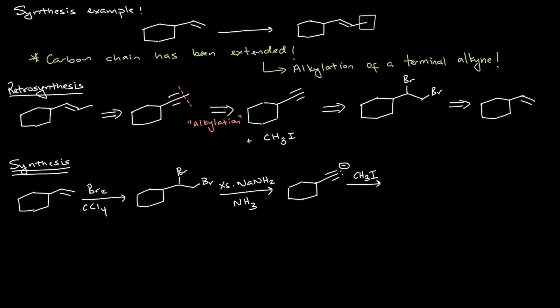If you react your alkynide ion with your methyl iodide, you can then form your internal alkyne that's elongated by one carbon. So now we're really close to our product alkene. If you want to go from an alkyne to a trans-alkene, you have to use the correct reducing agent. In this case, it's going to have to be your dissolving metal reduction, so your sodium in NH3, and you're going to get your trans-alkene as your product.